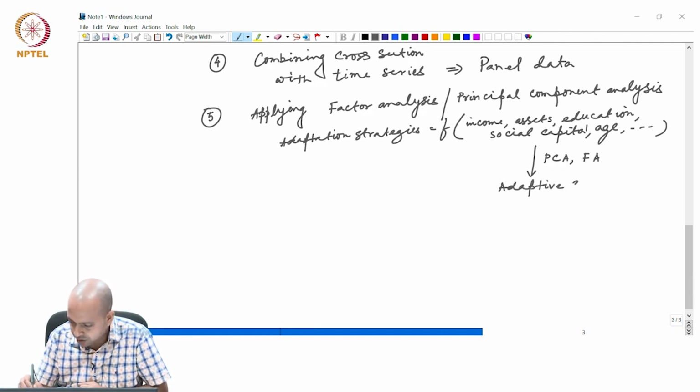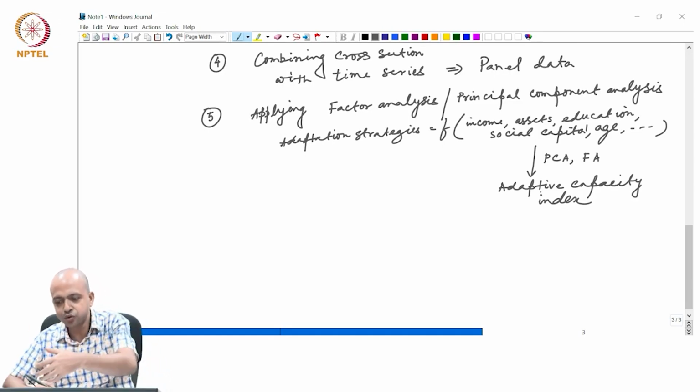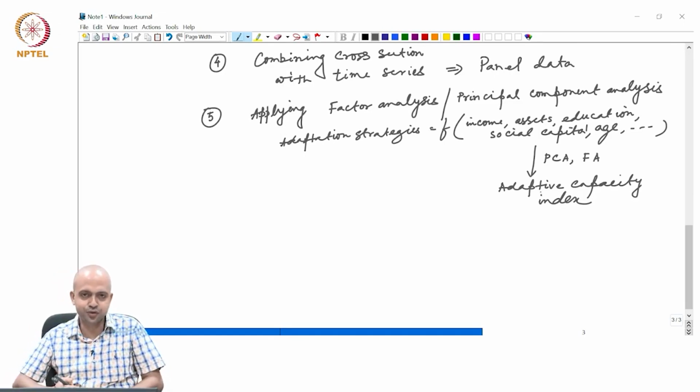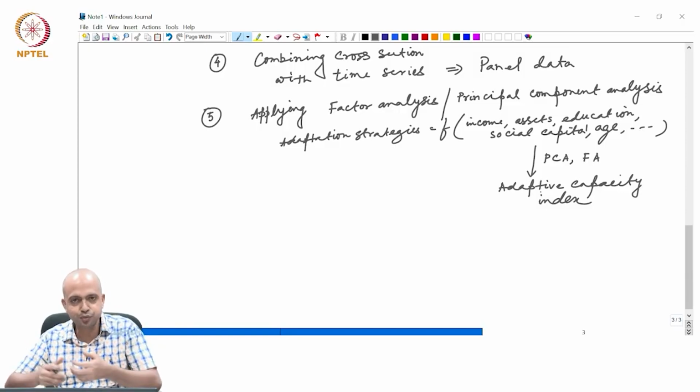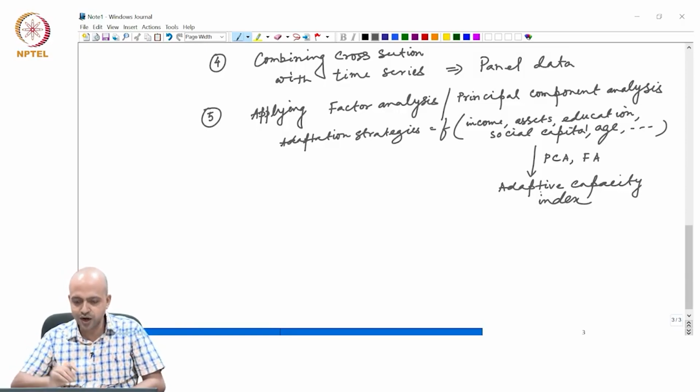So, instead of using all the variables, you will apply principal component analysis or factor analysis.